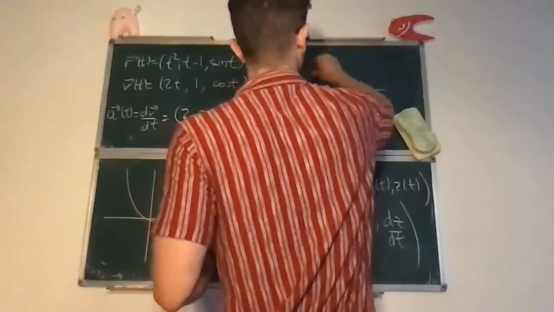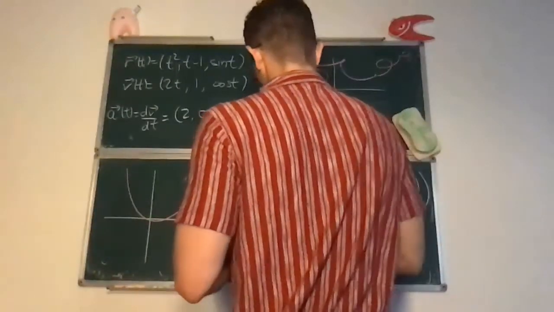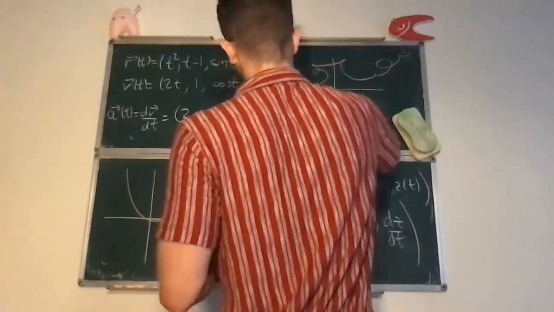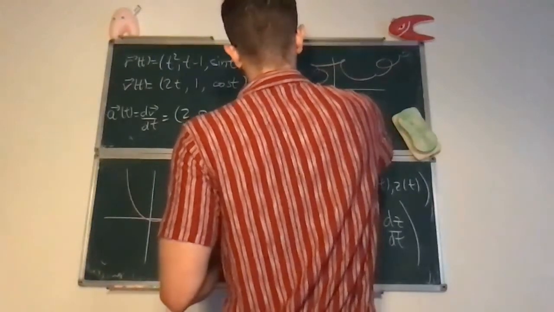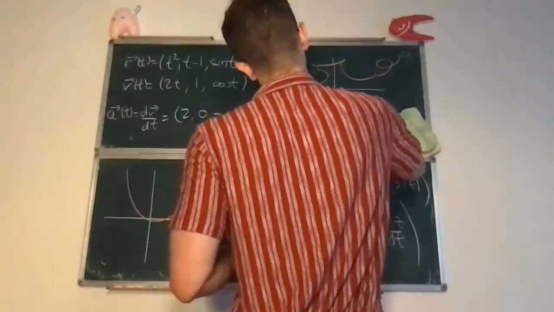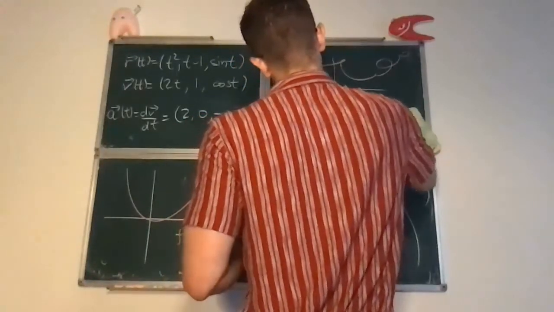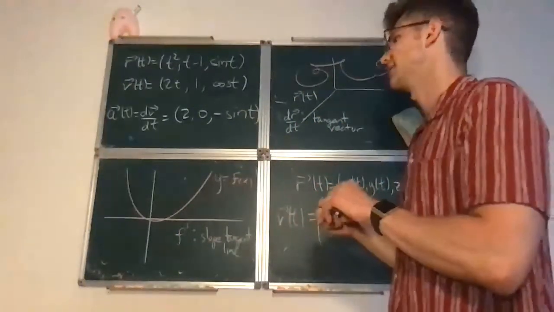In our case, when we have a curve, the first derivative is related to the tangent vector to a curve. So it still has to do with some notion of tangency.